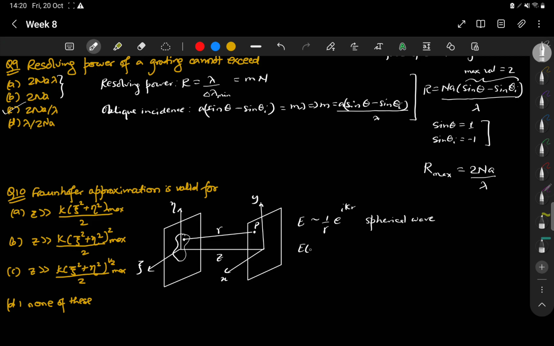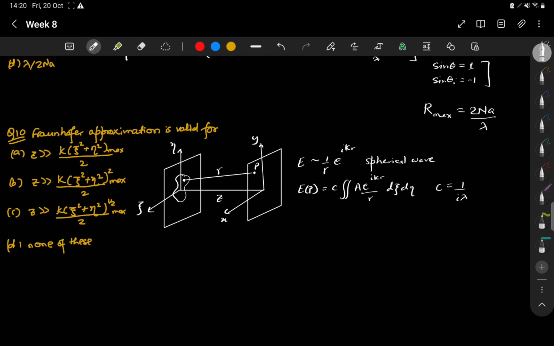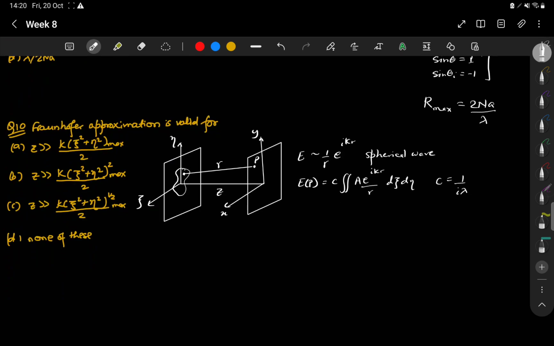Then the electric field at point P would be the following. A is the amplitude based on the aperture function. d xi d eta is the area element. And C is a constant which we can find out, but we know from the results it is 1 over i lambda.